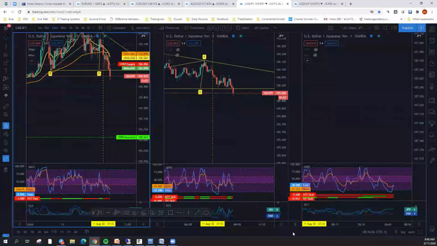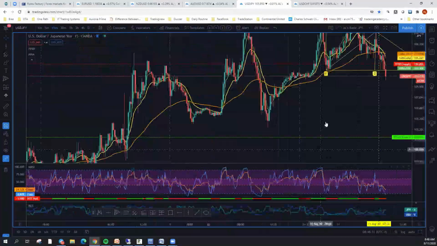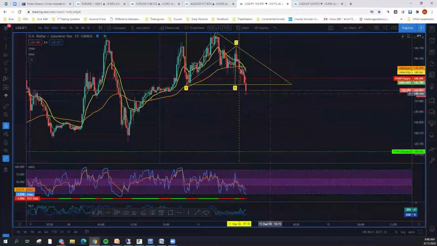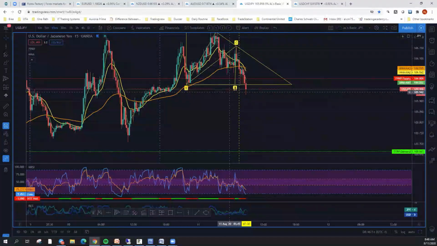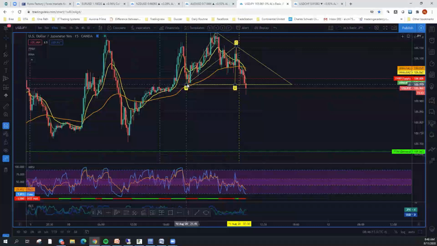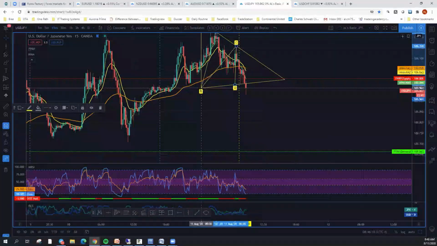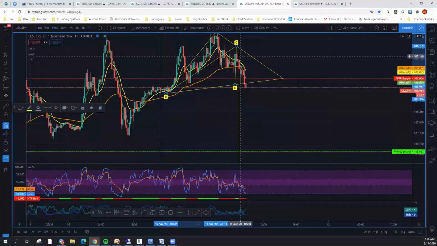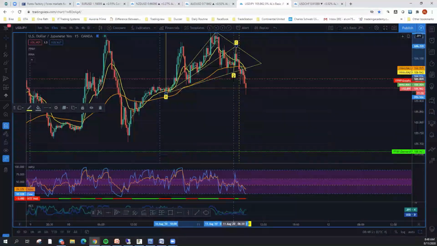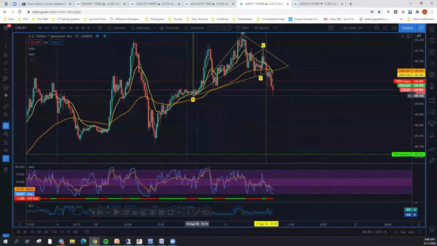Let's draw this one a little bit more on the US yen. Let's take a little closer look at that one. Here's a significant low before, here's our hit. And this is an anchor right there, so we've got to get through this one.